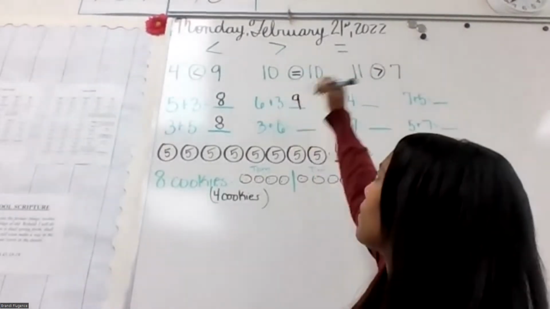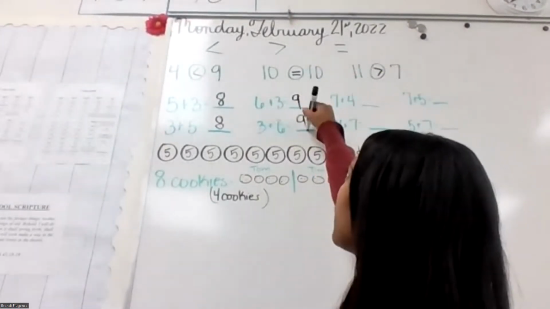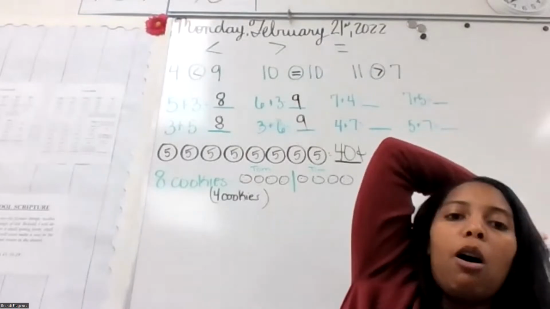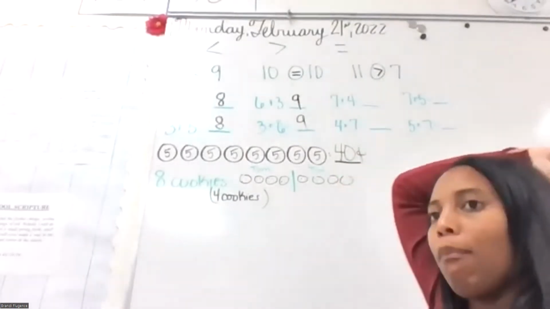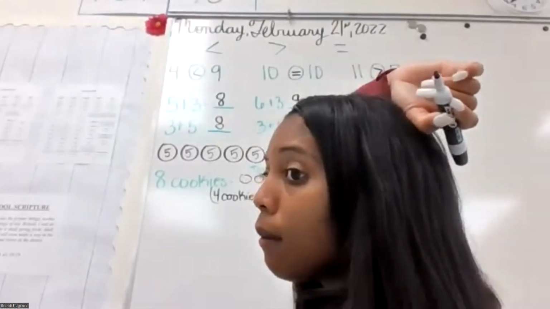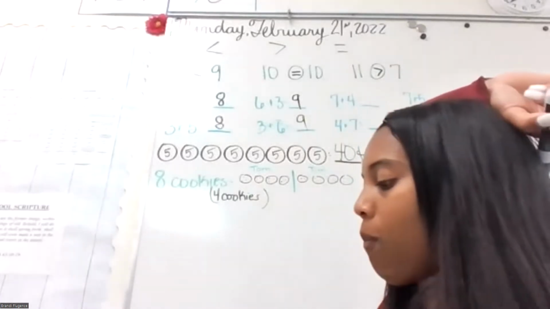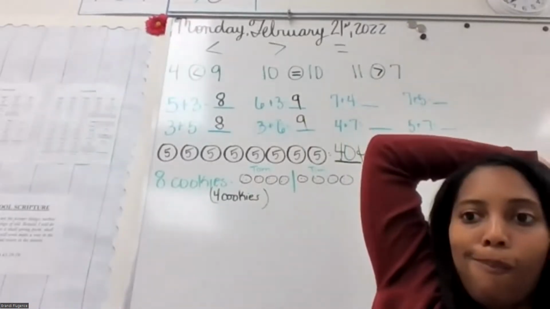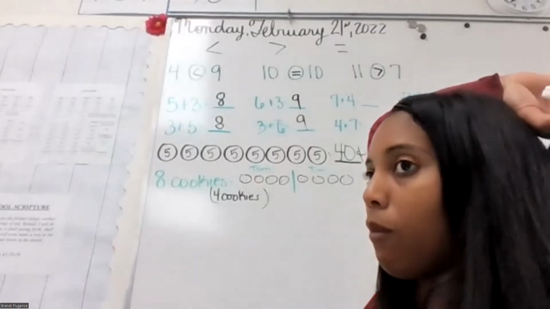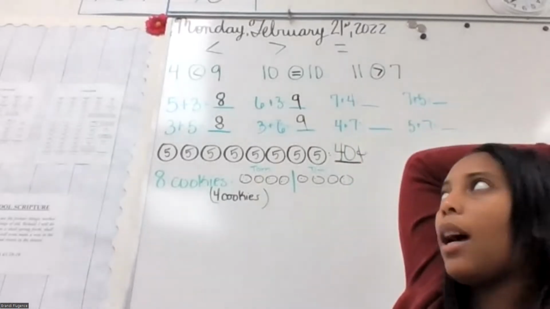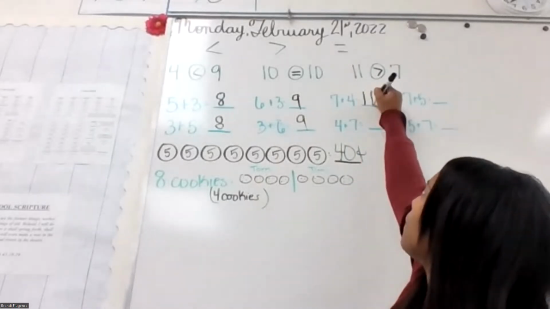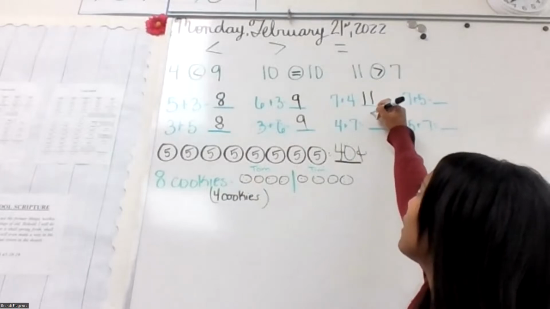So of course 3 plus 6 would equal 9. Same thing, twins. 7 plus 4. Count again. 11. 7 plus 4 is 11. So of course 4 plus 7 is 11.